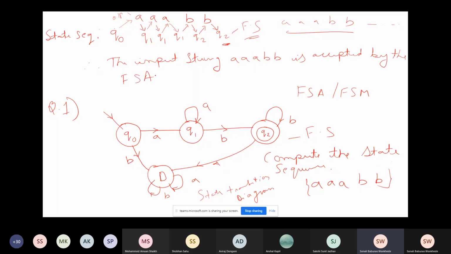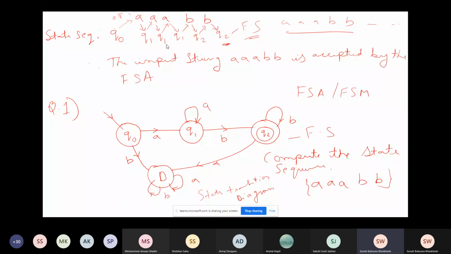This is what my solution is. So this is the way, given a state transition diagram and an input string, you have to compute a state sequence and show the justification whether the string is accepted or not accepted by the finite state automaton.